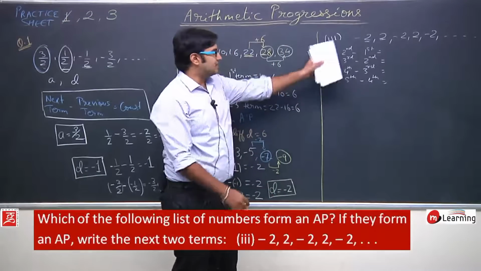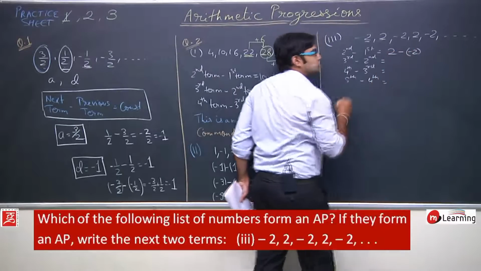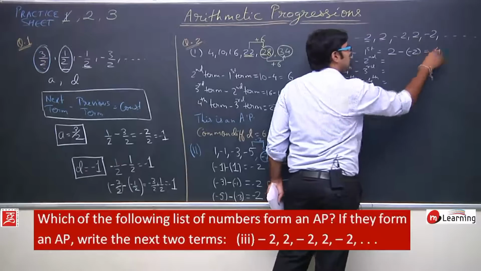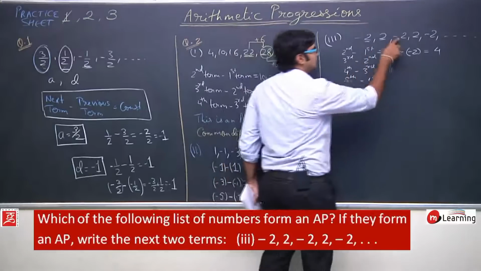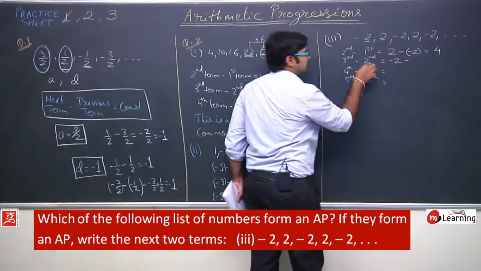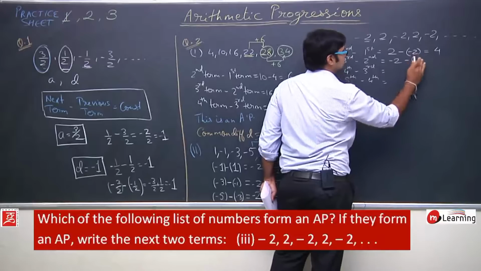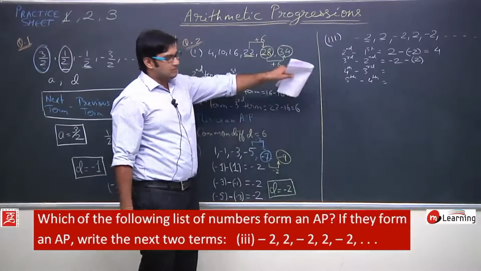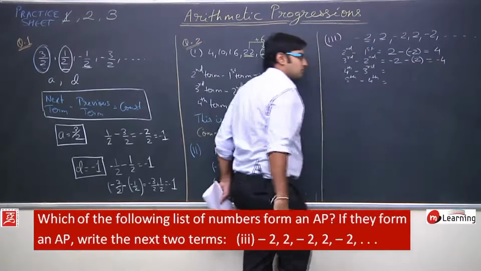Now second minus first: second term is 2 and minus first term is -2. So 2 minus of -2 will give you 4, because 2 plus 2. Then third term is -2 and second term is 2. So -2 minus 2 will give you -4.